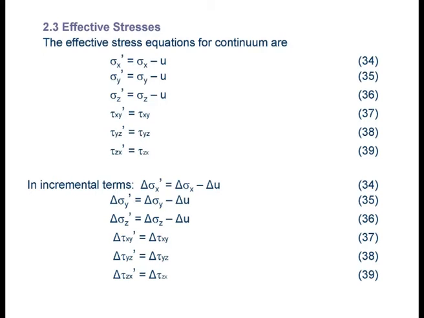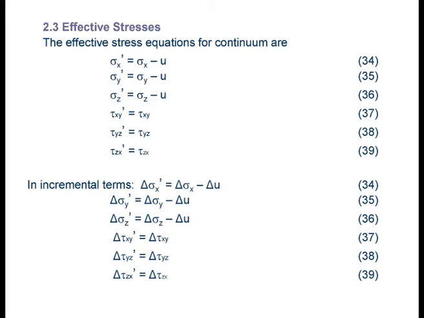And if you look at it in incremental terms, now in soil mechanics, very often when you run a finite element program, things work in an incremental fashion. I'll explain what the term incremental means in a short while. So in incremental terms, the change in the effective stress equals the change in the total stress minus the change in the pore water pressure.